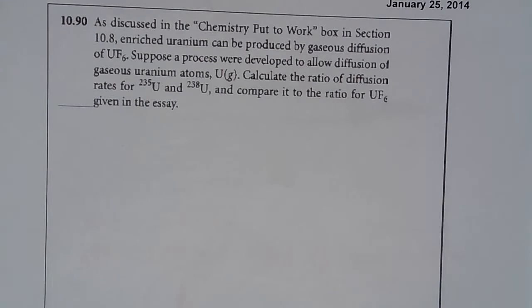Calculate the ratio of diffusion rates for U-235 and U-238 and compare it to the ratio for UF6. Yeah, I don't think we have the essay. Yeah, it's in the book. If you read the book, you would see it.